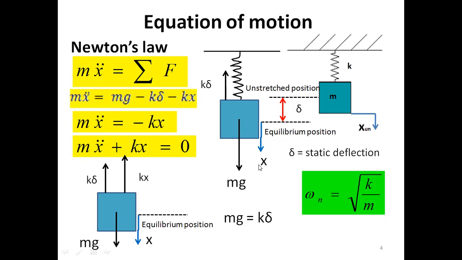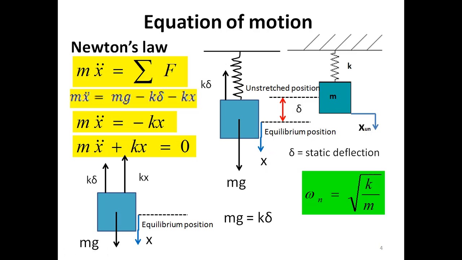This x is different from that one: this x is the displacement with respect to the equilibrium position, and that one is the displacement with respect to the unstretched position. Most of the time, when developing the equations of motion for a vibratory system, we consider the displacement with respect to the equilibrium position.